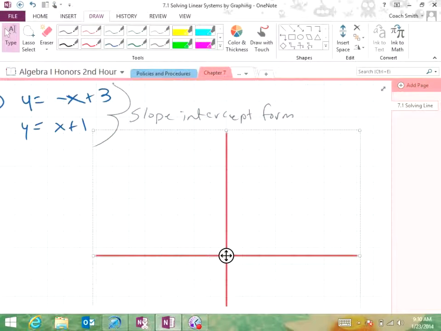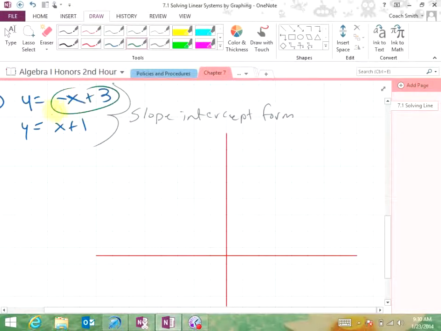Now, in our graph, the first line, this one here, has a negative 1 slope and a y-intercept of 3. So remember, negative 1 slope means the line is going like this. All right, so 3 would be, well, I'm going to have to, hang on here, bear with me a second.